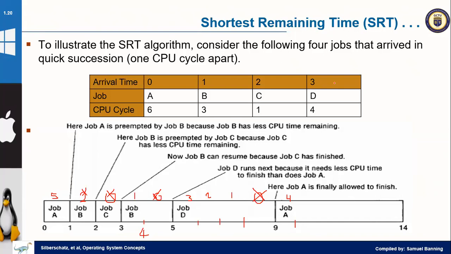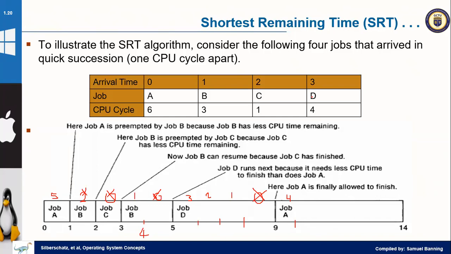So I wanted to ask about the arrival time. Is the interval always 1, like from 0 you go to 1, or can there be a situation where from 0 you skip 1 and go to 2 or something like that? Okay, so here we are talking about the time they arrived. The first second A arrived, then the next second B arrived, the next second C arrived, the next second D arrived.